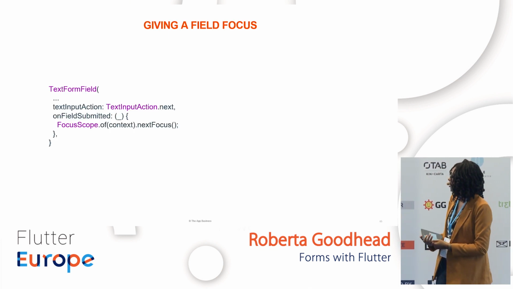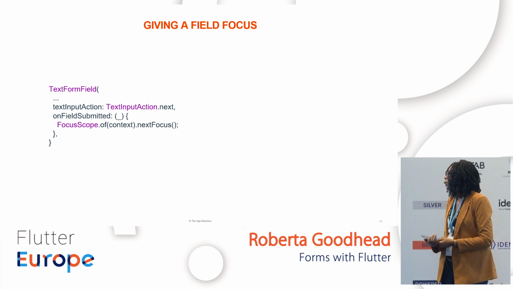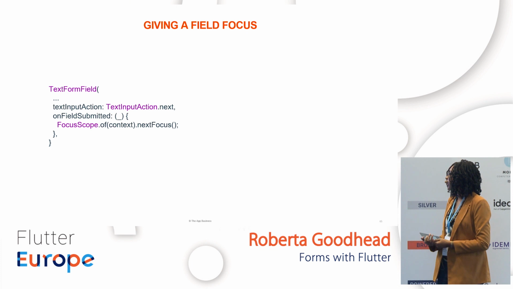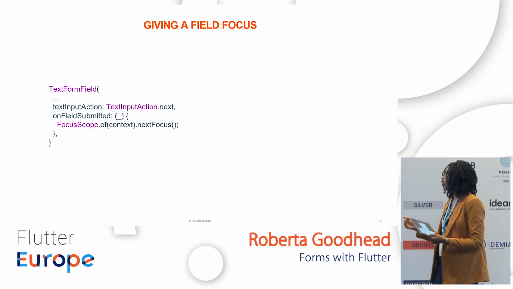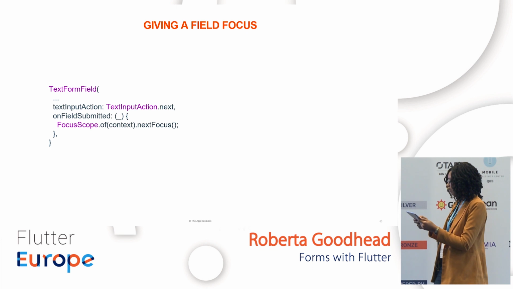So this is how it's done, pretty straightforward. If you want to change the icon on that button, you can just set the text input action to text input next, and then you call the next focus, so that will focus to the next node on the tree.